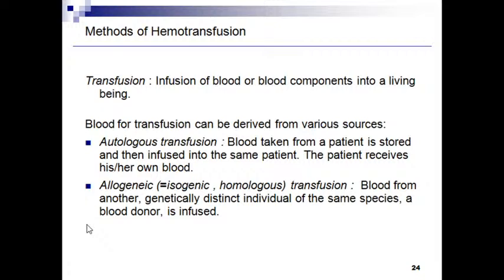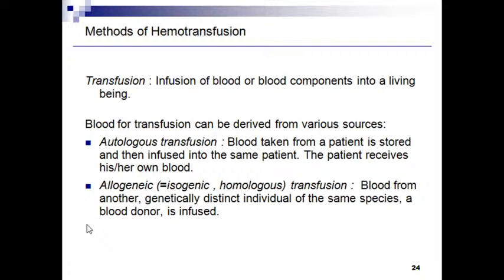And methods of hemotransfusion. After completing all pre-transfusion and cross-matching tests, you can use various methods of transfusion. Actually, what is a transfusion? It is the infusion of blood or blood components, blood products, into a living being.